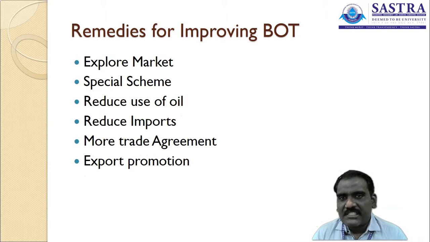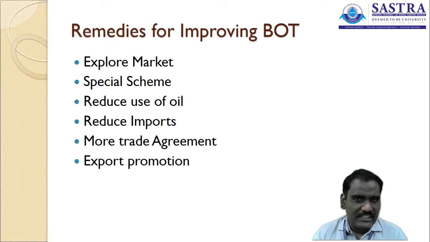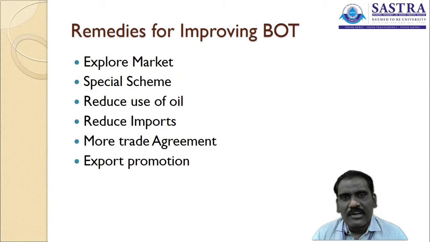There are some remedies for improving the balance of trade. The remedies are like exploring market opportunities. When market opportunities are available, it influences the people in that particular market.